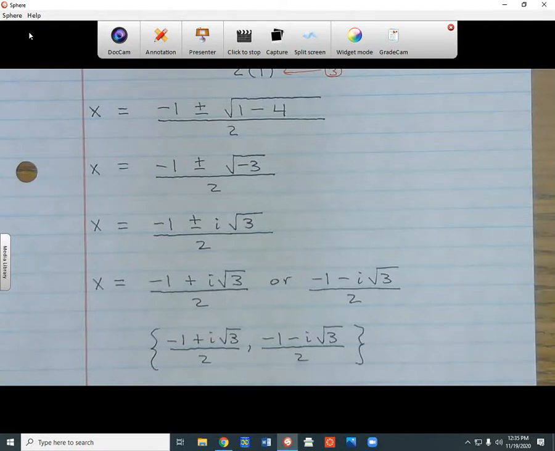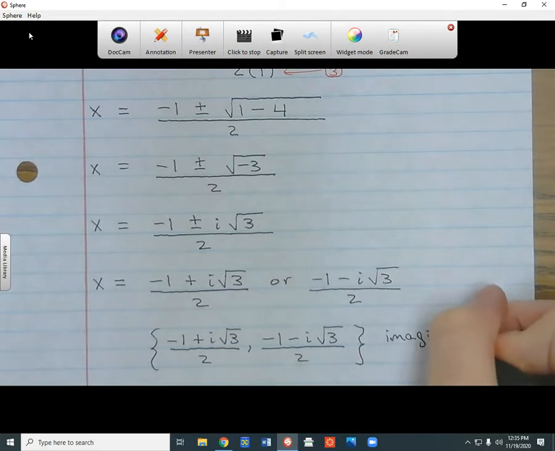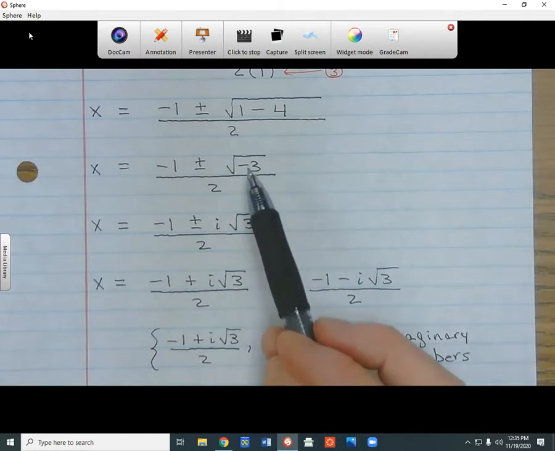Both of these are imaginary numbers. And the reason why both of these answers are imaginary is because the number under the square root was negative. And when that happens, our answers are going to be imaginary or complex.